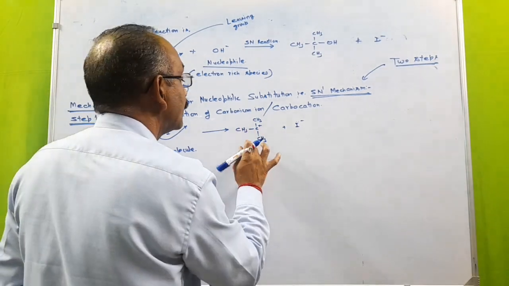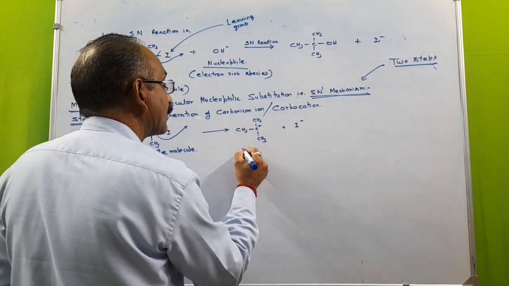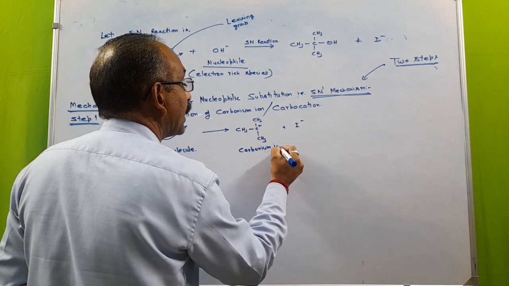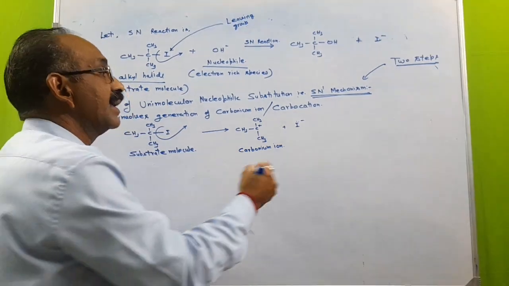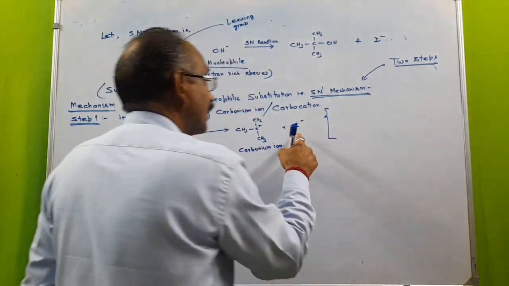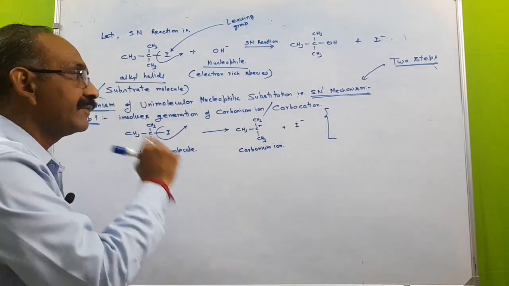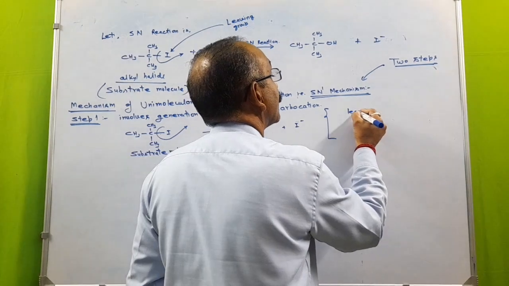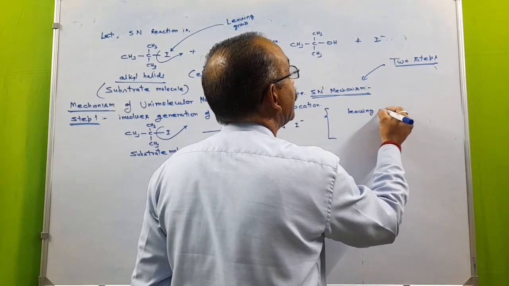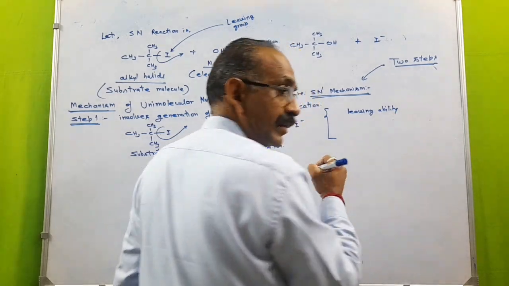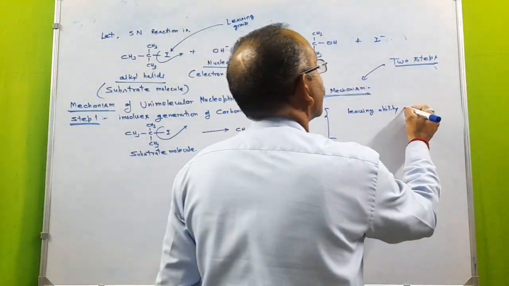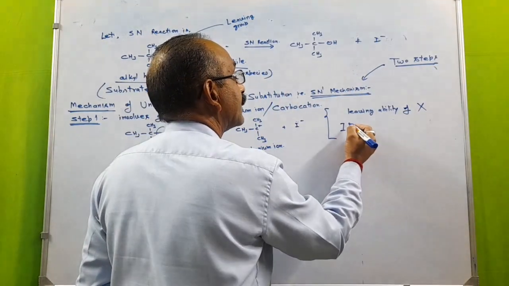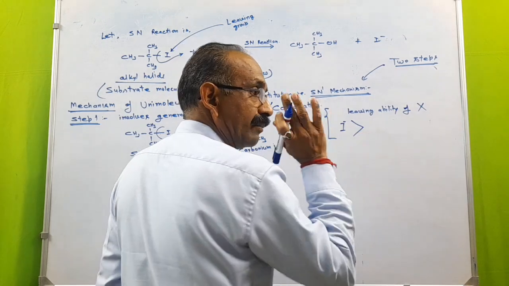In this way, here we will get a carbocation, or we may call it a carbonium ion. See, I am taking here iodide as a leaving group. This is because the leaving ability of the halide ions of halogens follows the trend that I minus is the best leaving group.